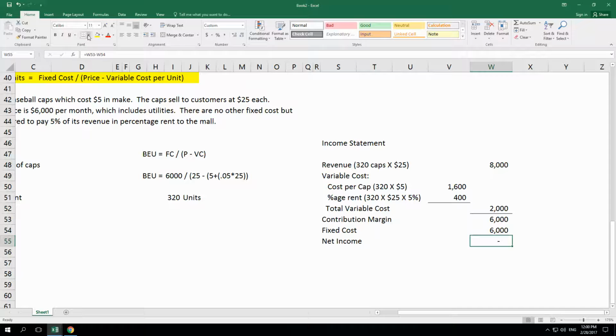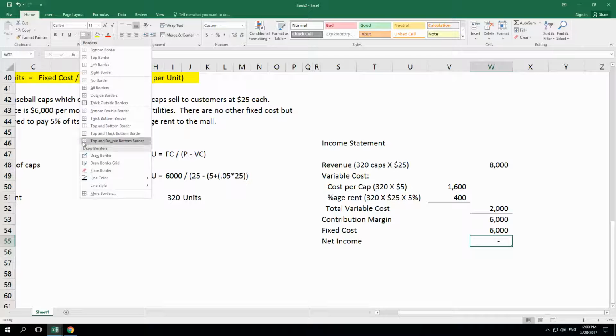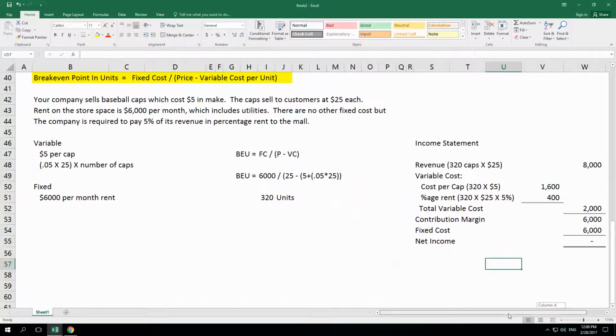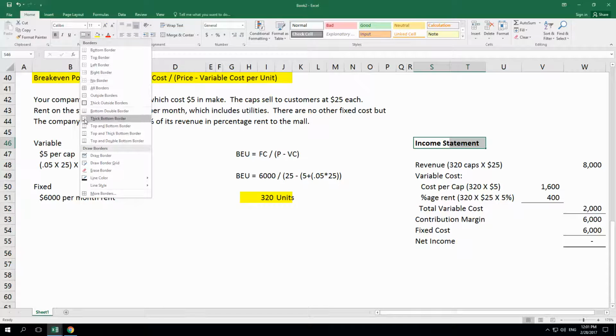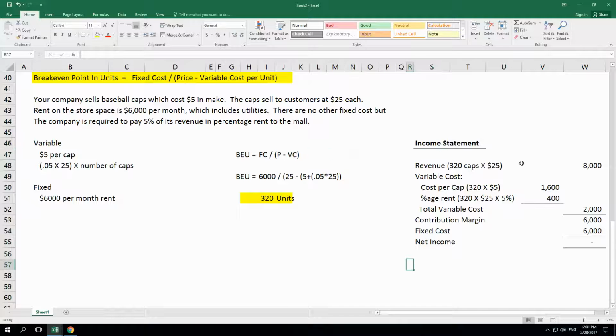So we took the facts, applied them to this break even in units formula, and came up with 320 units to break even. Then we plugged it into our income statement to prove whether we got it right. When we take 320 caps times the price, we get 8,000 in revenue.